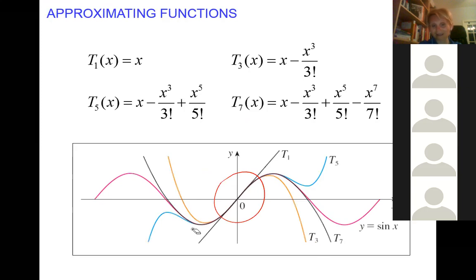Not really like a sine, but almost like a sine. The fifth degree is the blue one. Yeah, good approximation. The seventh degree is this one. And if I increase the degree, I will have a perfect approximation, not having this trigonometric function, just having the power function.